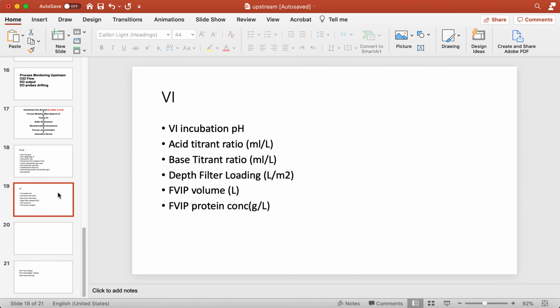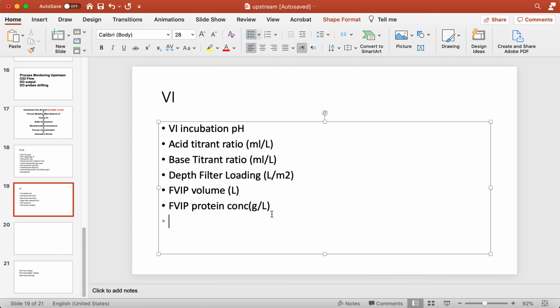VI, is it done? FVIP total, FVIP. So basically, the goal is to get the step yield. They just look at the step yield. How was the step yield?